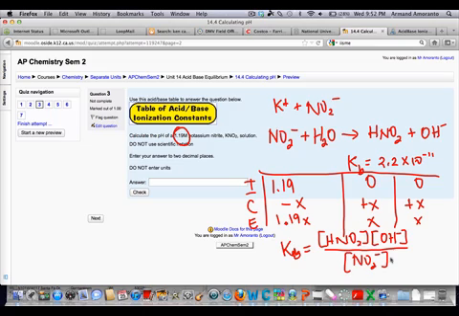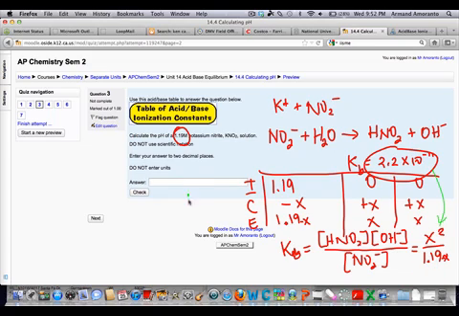And so, of course, we're ignoring the H2O. You plug in all these numbers in here and you get x squared all over 1.19 minus x. I forgot my minus x on here. So from here, of course, we set this equal to my Kb. Those two are equal. You solve.